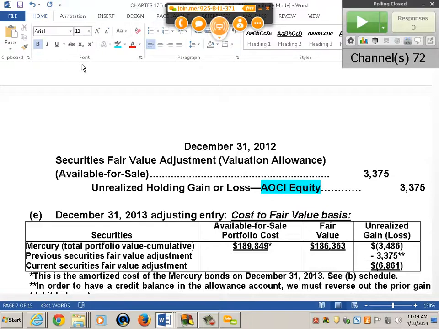Now, what gets complicated, which is probably too complicated to show on an initial example, is the fact that if you sell one of the securities, just like an allowance for bad debts, what happens? What happens if you sell a security? At the end of the year, you have to adjust the allowance. And the gain or loss gets sort of muddled a little bit because you're catching up with that security.